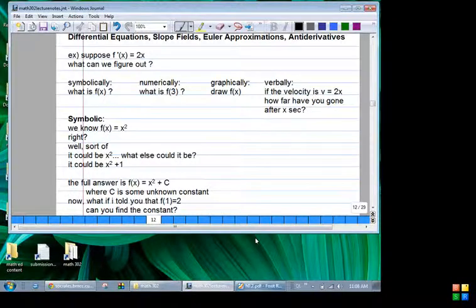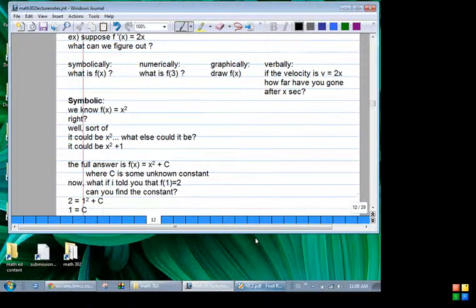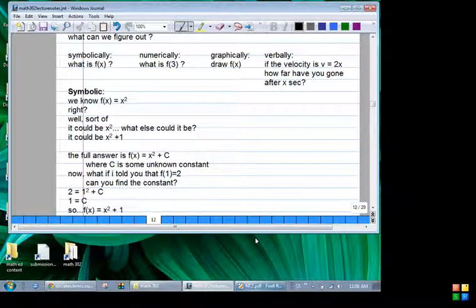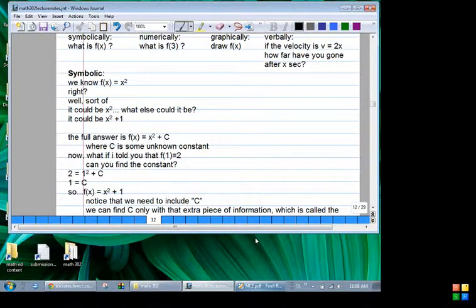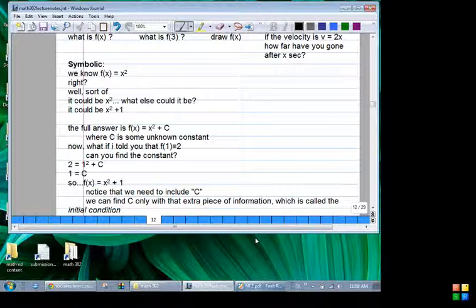Yes, you can. So you plug it in. When you solve it, you find that 1 equals c in this case. So given that fact, we know that f of x is actually x squared plus 1. Okay. So in general, when you solve a problem like this, you always have to include a plus c, and you can only find that plus c with that extra piece of information, which is called an initial condition.